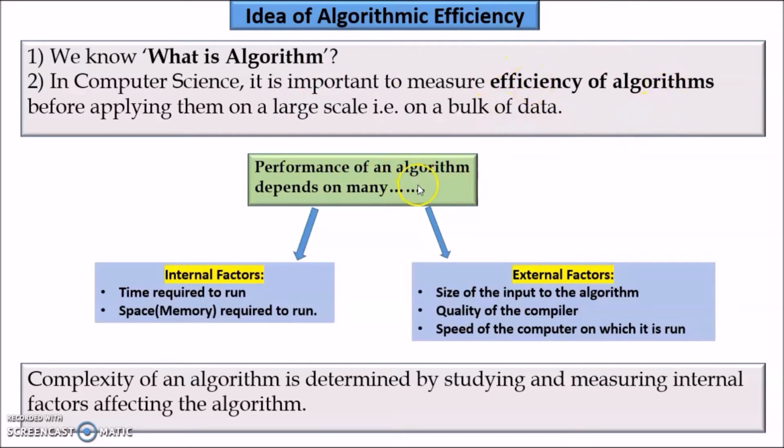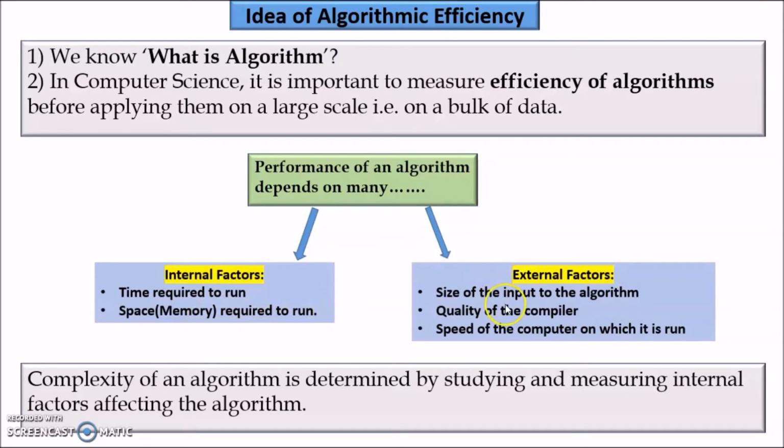Okay, so the performance of an algorithm depends on many internal and external factors. What are those internal factors? Internal factors: first, it could be the time required to run the algorithm. Second, it could be the space or the memory required to run the algorithm.